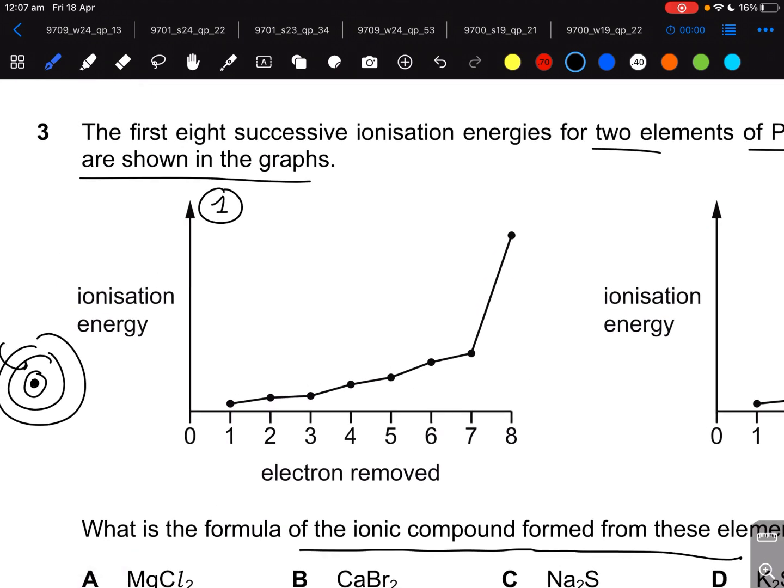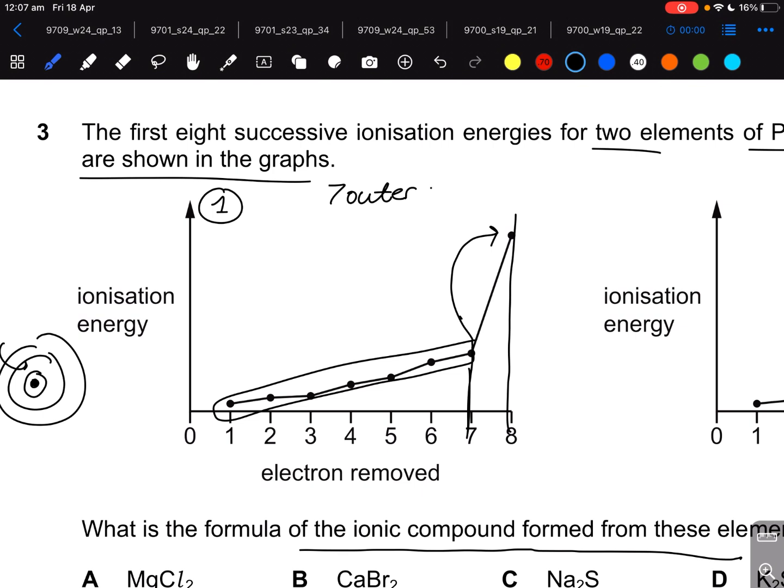So if you look at the graphs here, this first one goes at pretty similar numbers till ionization energy 7 and then has a big jump to ionization energy 8. So that means it has 7 outer shell electrons, so it's group 7.